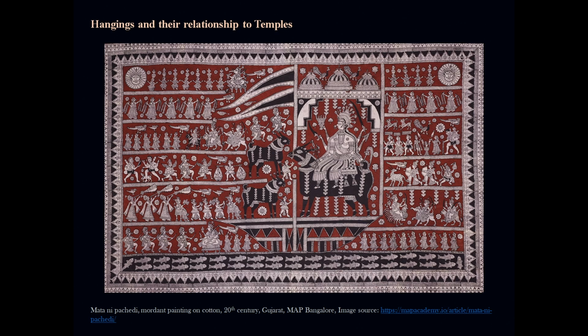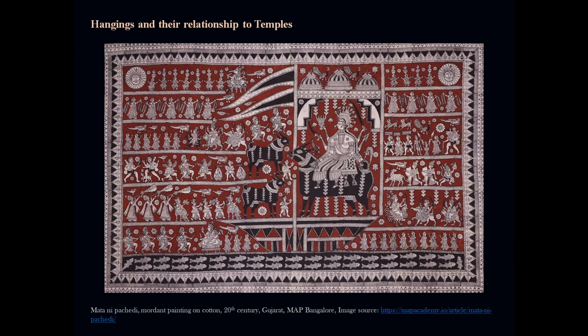So in this portable temple setup, these temple cloths are produced, and the most basic colors utilized in this Matani Pachedi are black, which is derived from an iron and jaggery solution, and red, which is usually obtained from mordant painting. The mordant is applied on the fabric, which is then washed and developed in madder, and today it is primarily alizarin, through which the red is obtained.